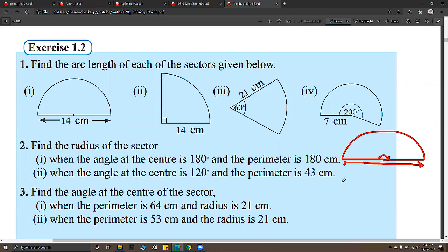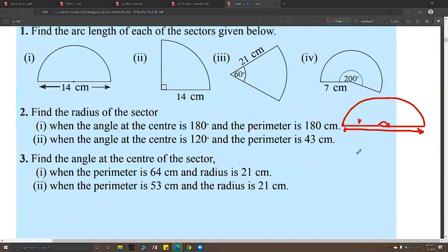So what we can do is build up an equation for this. In order to do that, we have to consider a symbol for the radius. So we will take the radius as r. Let's build up an equation for the perimeter. We'll start from here. It's r.